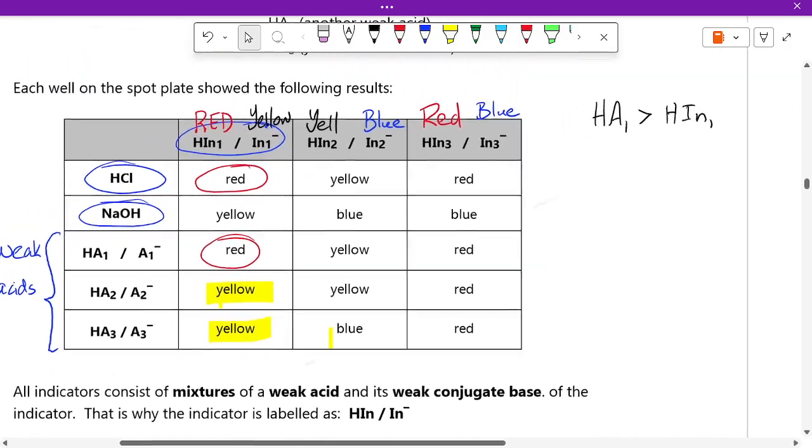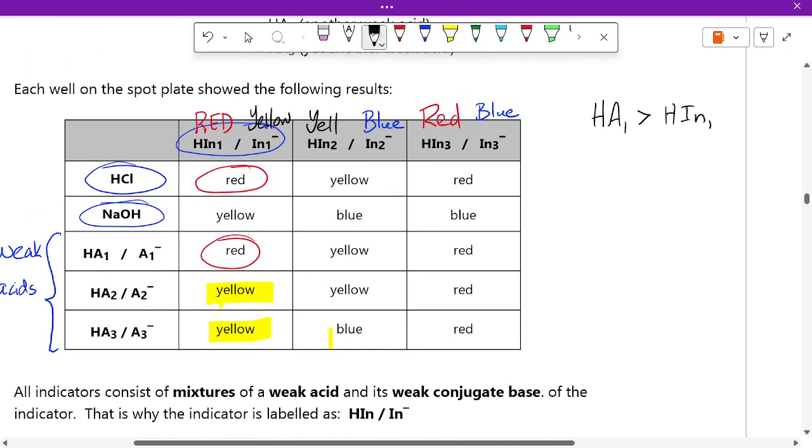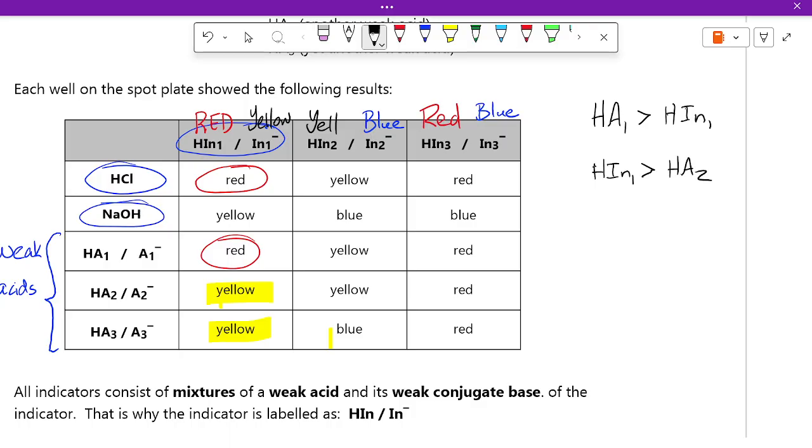Okay, so now we know that HIN1 is stronger than HA2, and we know that HIN1 is stronger than HA3.